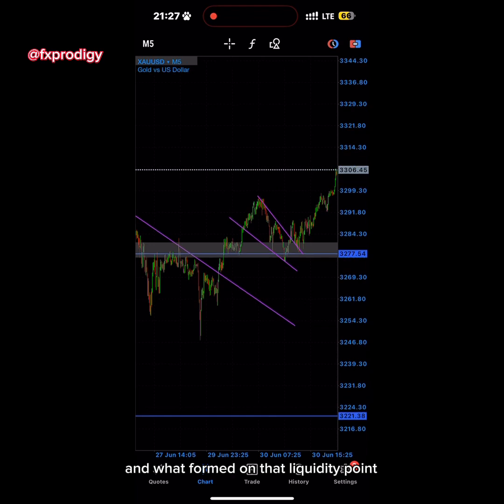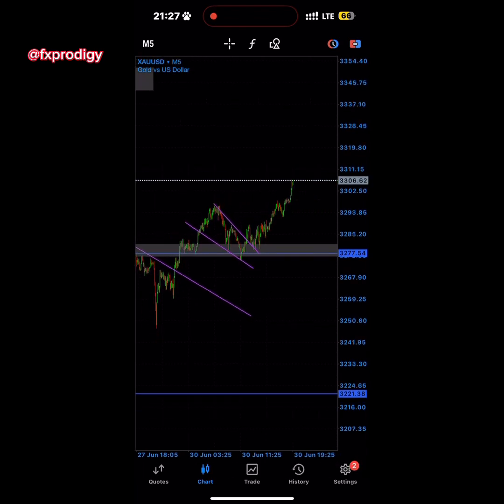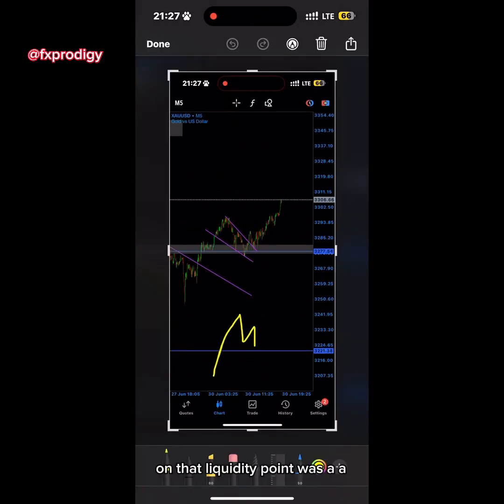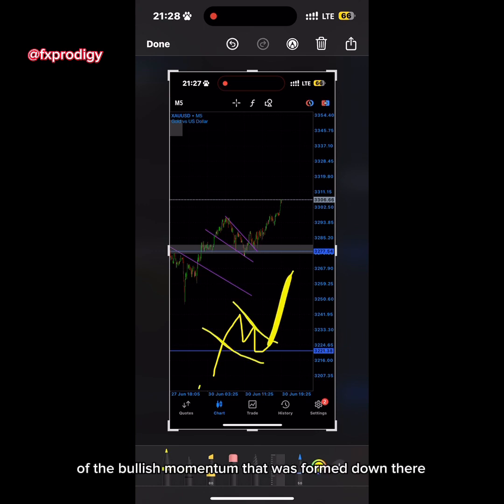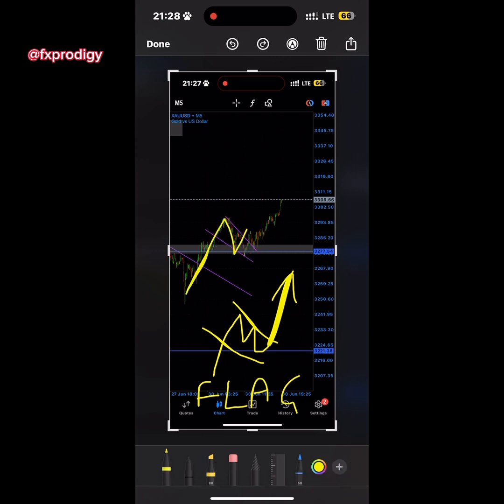And what formed on that liquidity point was a flag to confirm that this is a continuation of the bullish momentum that was formed down there. So this was just a flag pattern which was formed to confirm that this is the bullish momentum, to place your buys there. That liquidity point, that resistance point there, that was where you would do your buy.